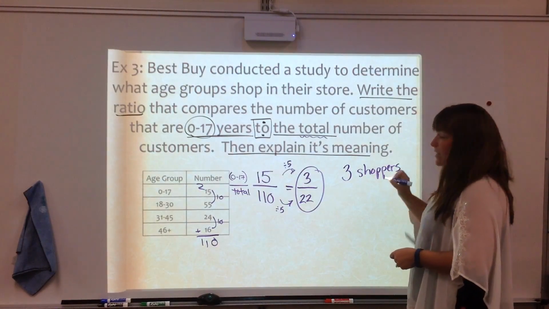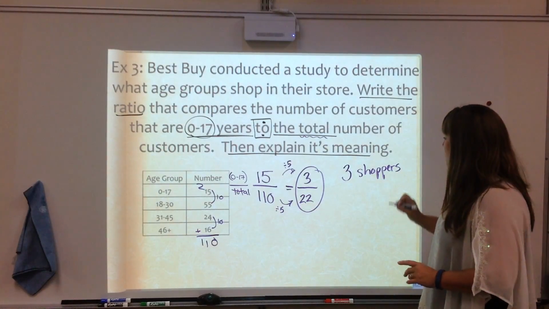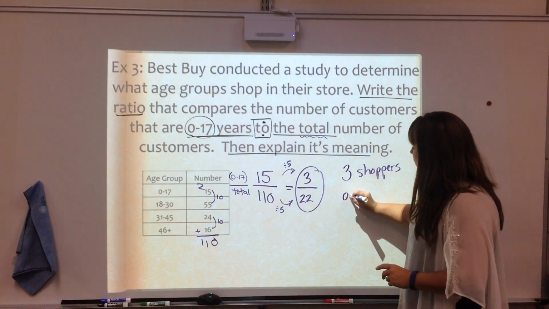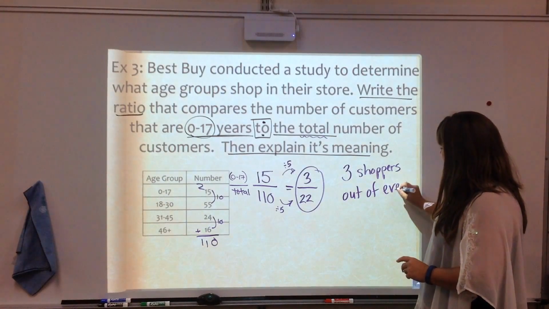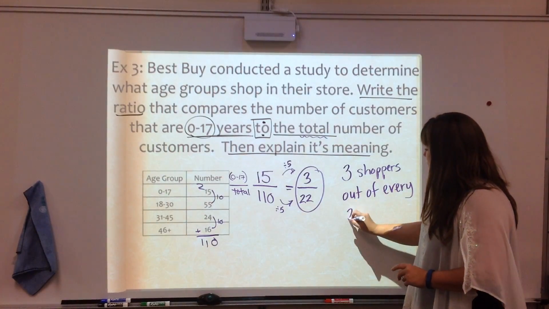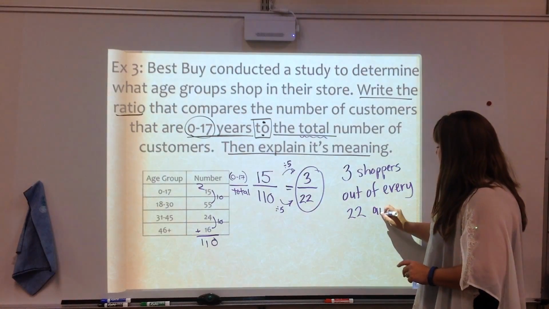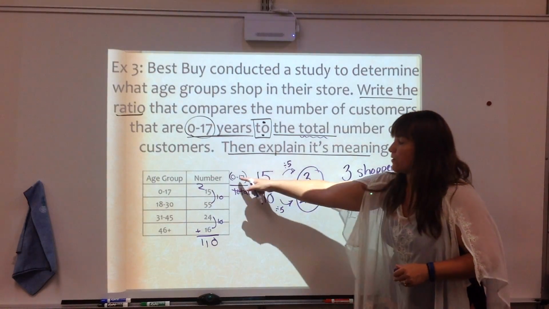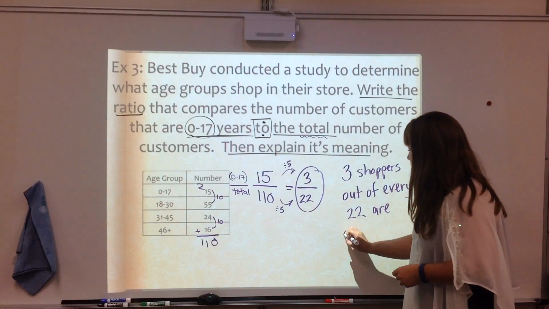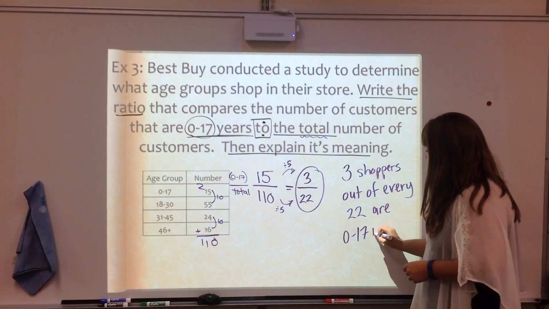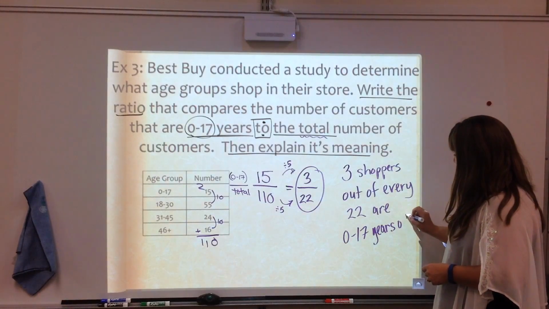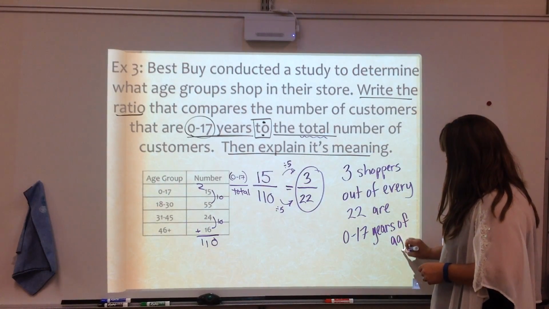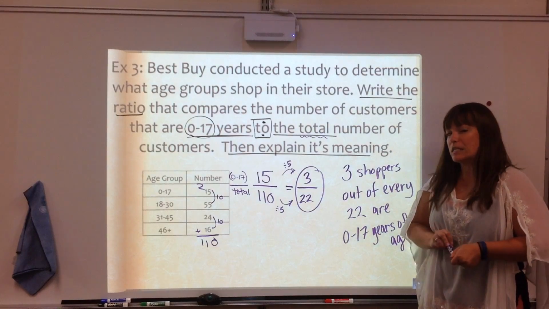Notice I've added the context, not just the number 3. 3 shoppers, here's my buzzword, out of every 22 are, and what are they? They're from 0 to 17 years of age. Or you can say years old, does not matter that part.